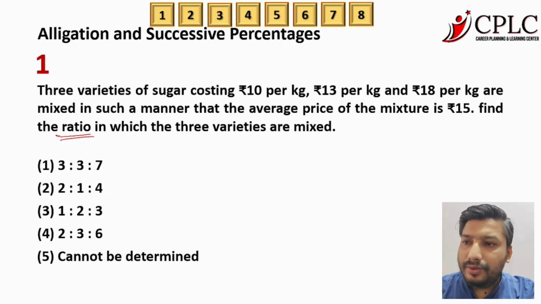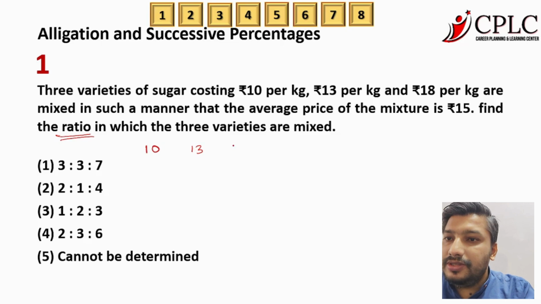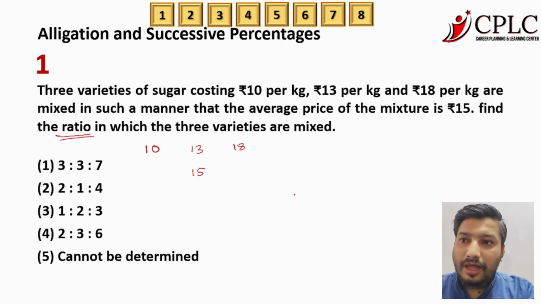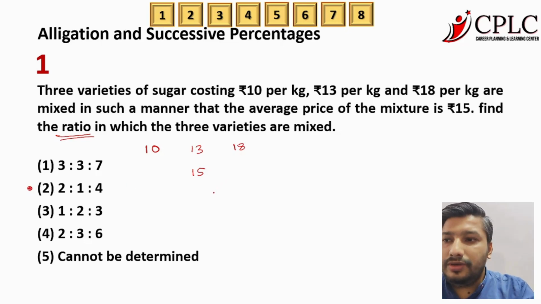The prices they have given us are 10 rupees, 13 rupees and 18 rupees, and the average price has to be 15 rupees. Now I'll just randomly pick one of the answers and see what happens. So let's say if I assume this to be the answer, that is 2:1:4.